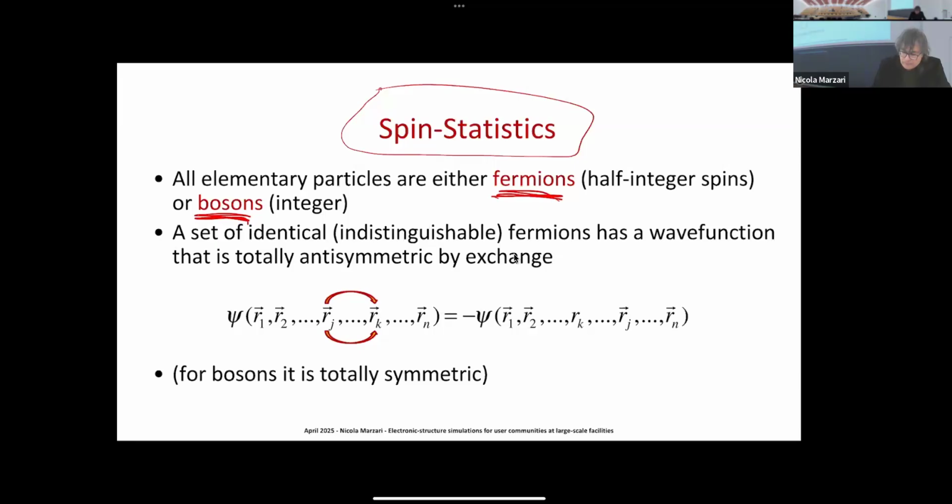And the spin statistics connection is something very profound on the symmetry properties of the many-body wave function. If you have electrons, electrons have an intrinsic property that is the spin, and that spin is a semi-integer.